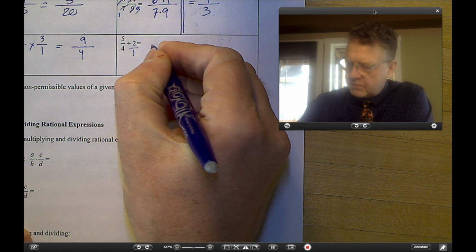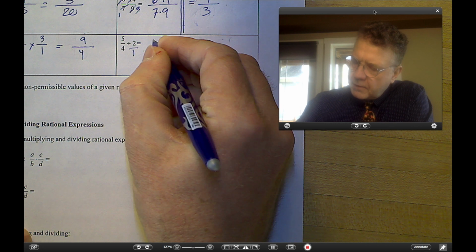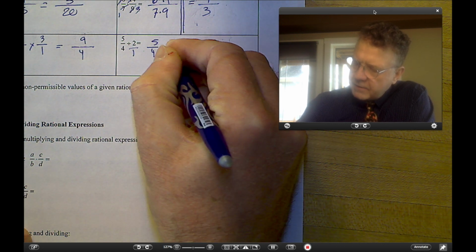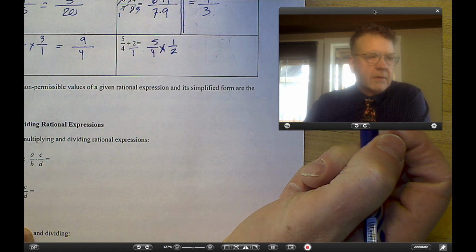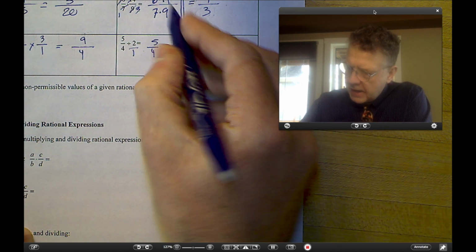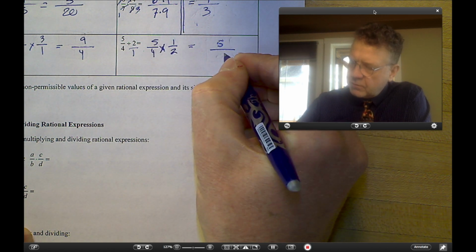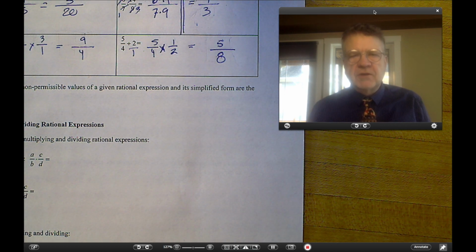And that's exactly what's going to happen here. So 5/4 divided by 2 is going to become 5/4 times 1/2, right? Anything divided by 2 is that number multiplied by 1/2. And when you sort this out, 5 times 1 is 5, 4 times 2 is 8, 5/8 is your final answer down there.